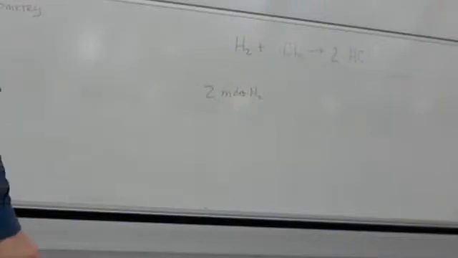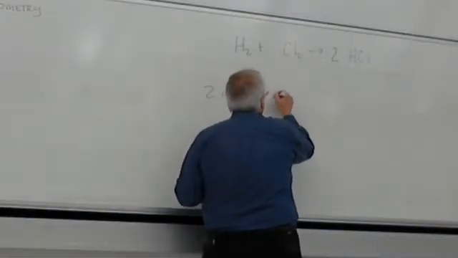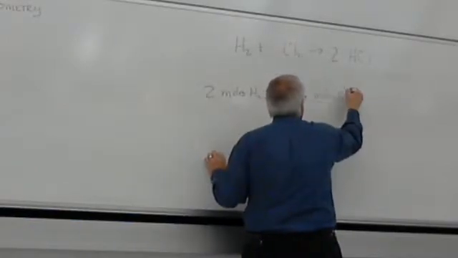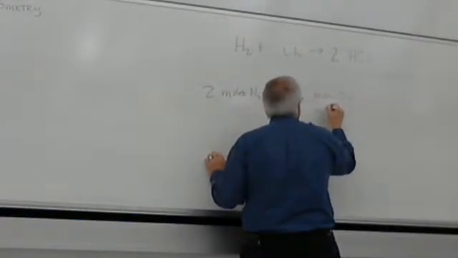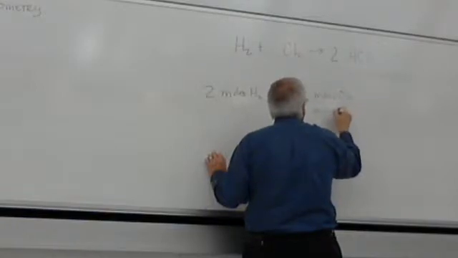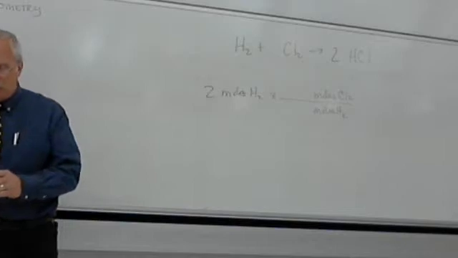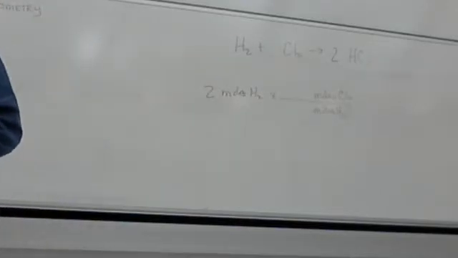So, I set up a conversion factor of what I'm looking for, moles of chlorine, compared to what I know, moles of hydrogen. And the conversion factor is always in this form: what I'm looking for over what I already know.